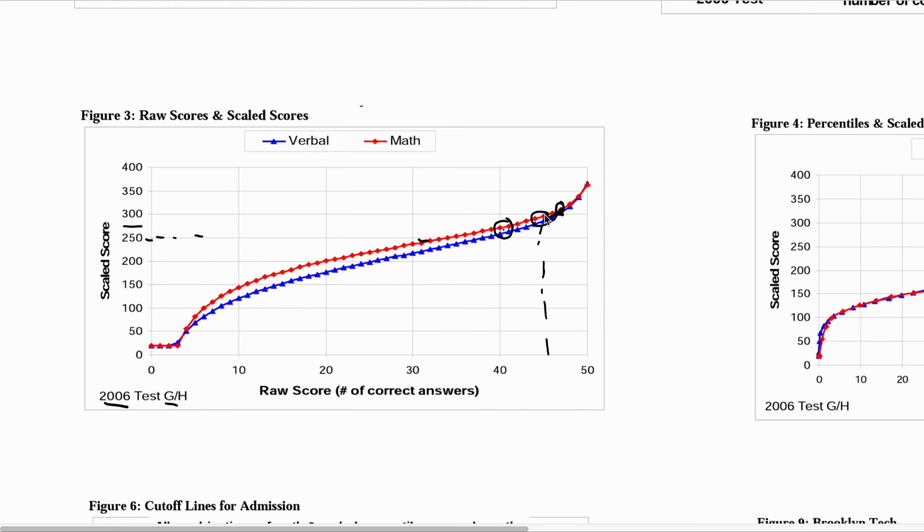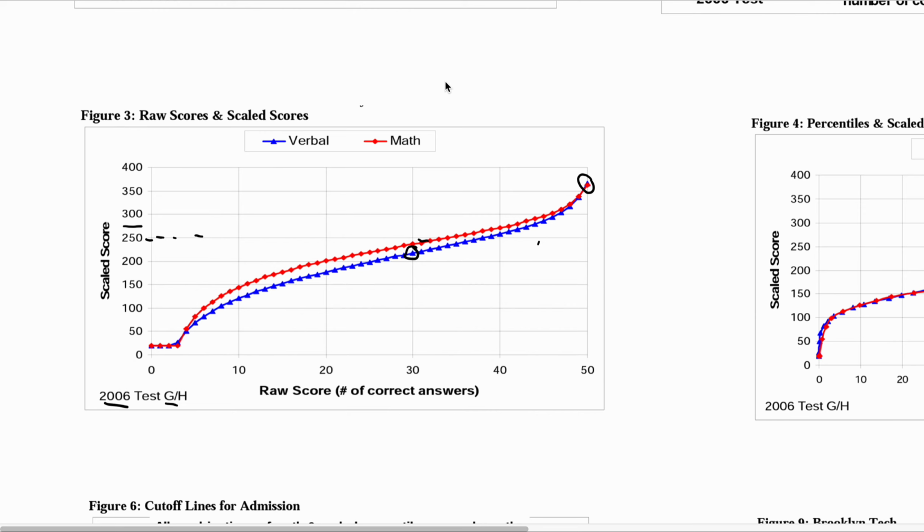And then the other takeaway here is about doing really well in one section and less well in another section. Let's do a little hypothetical here. Let's say you ace the math section and you only get a 60%, or 30 out of 50, on the verbal section.